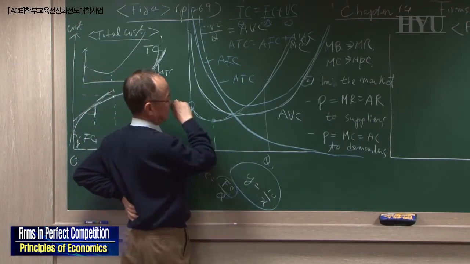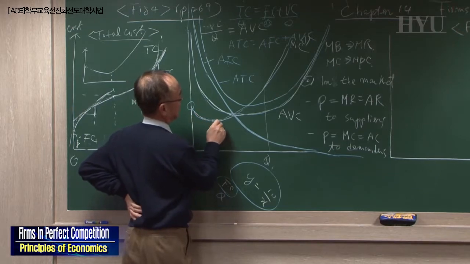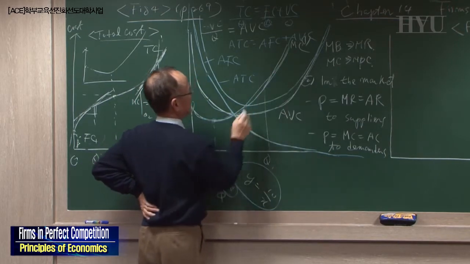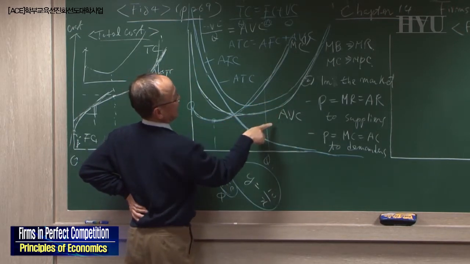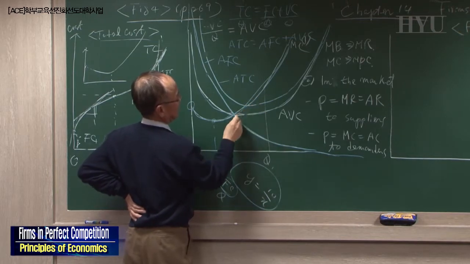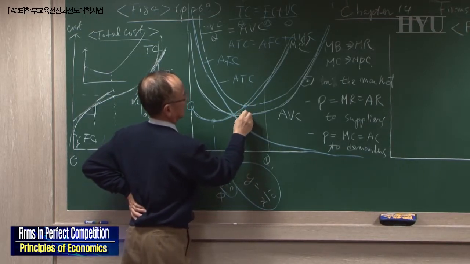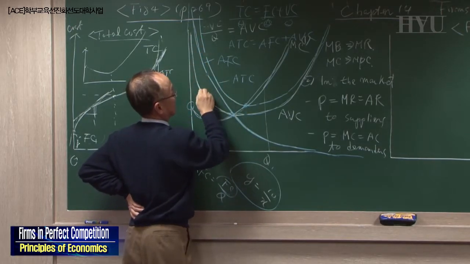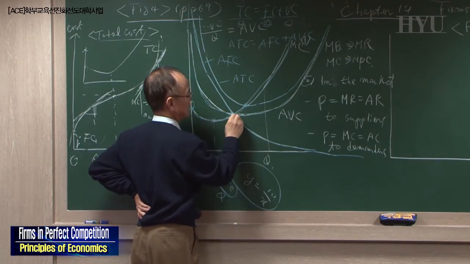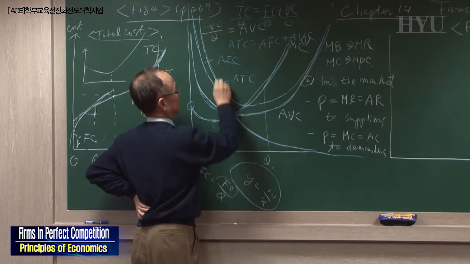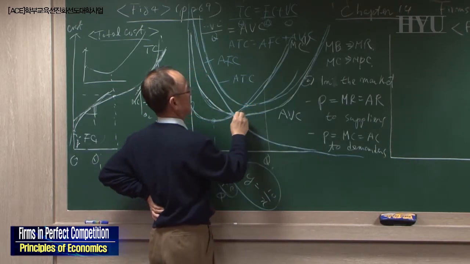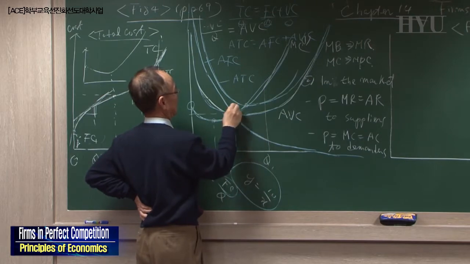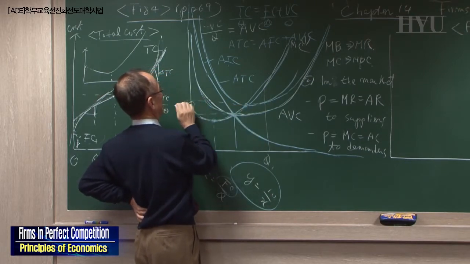An additional thing I want you to know is that this MC curve cuts through AVC or ATC at the minimum point. This one. AVC turns around here. Okay, ATC turns around here. This is the minimum.